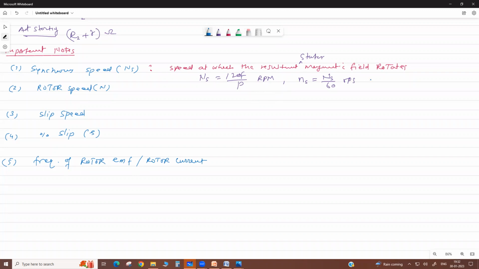Now, we can represent this synchronous speed by omega s also. That is 2 pi ns. This is also the synchronous speed, but it is in radian per second. Please know, this is all our synchronous speed, but this one is in rpm, this is in rps, and this is in radian per second.